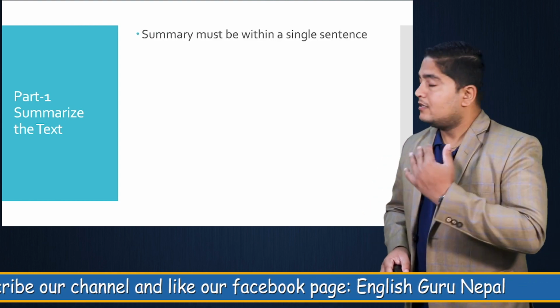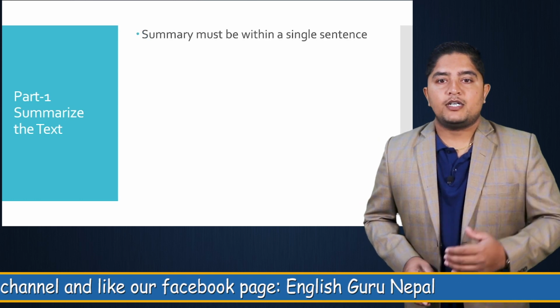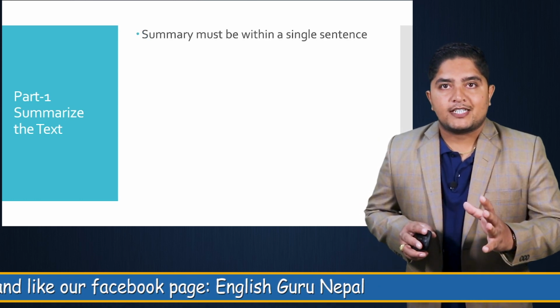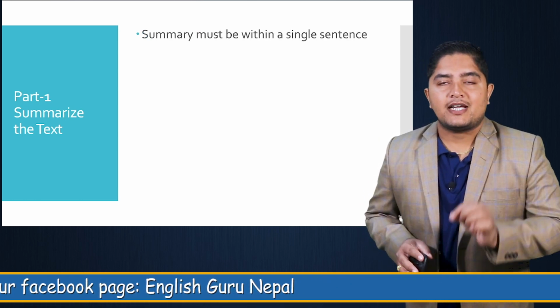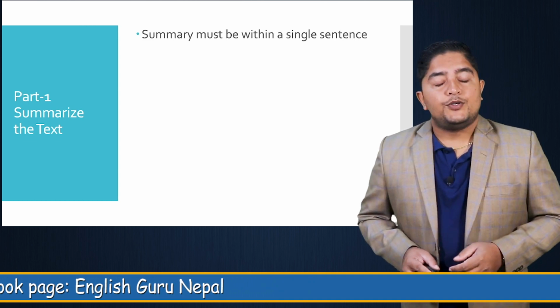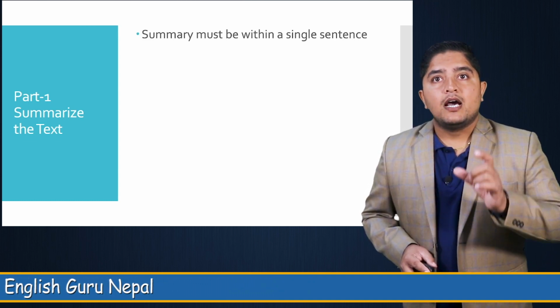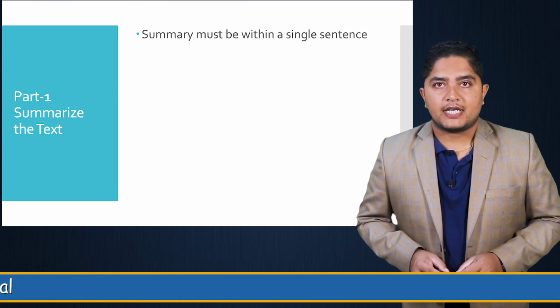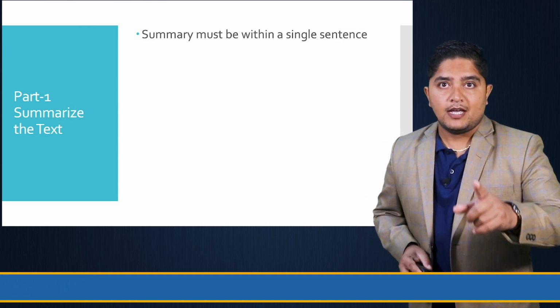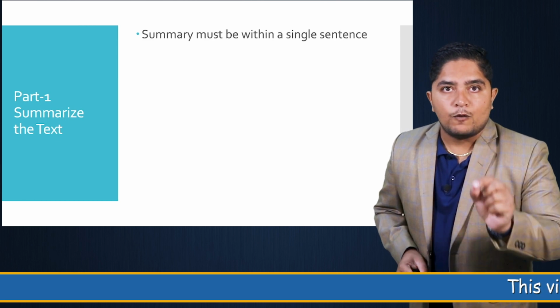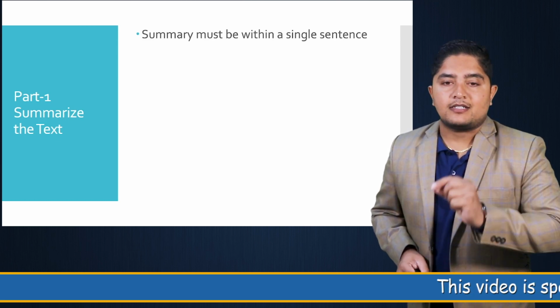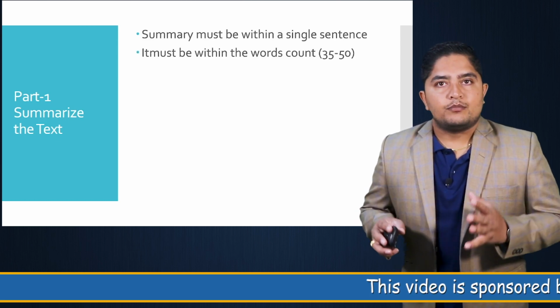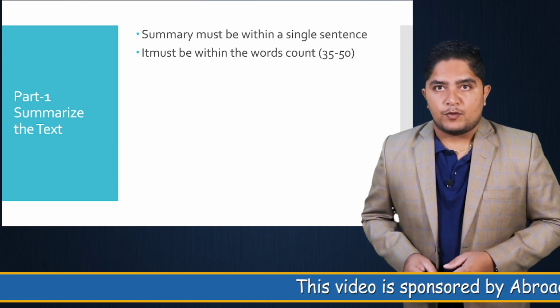Let's understand it. There are certain things that you have to understand under summarizing the text. The first thing you need to understand is your summary must be within a single sentence. The second thing is, it must not exceed 50 words.